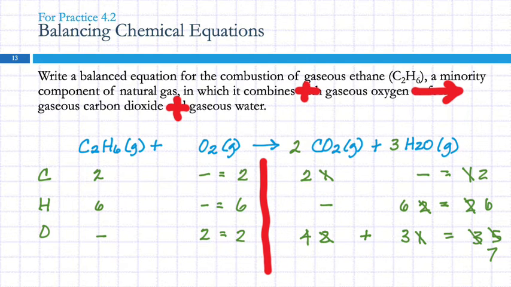So this is where we could use fractions. We could put 7 halves. 7 halves times 2 is 7. And then we'd have to clear the fraction by multiplying everything by 2. Most students don't like that. So to solve the odd-even problem, if we multiply everything by 2, then the odd number becomes even, right?